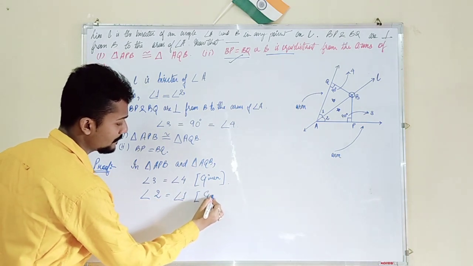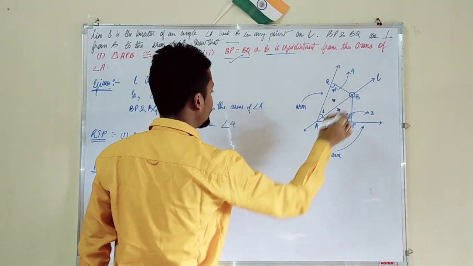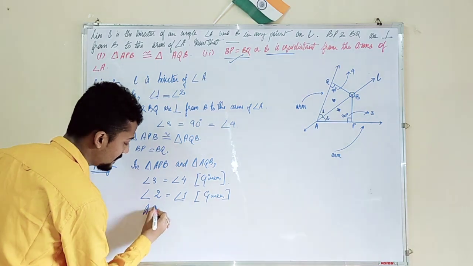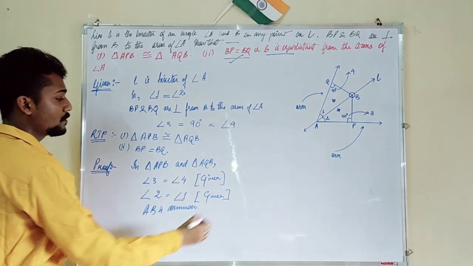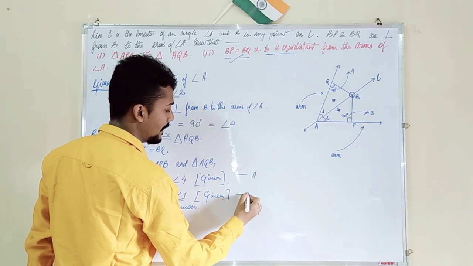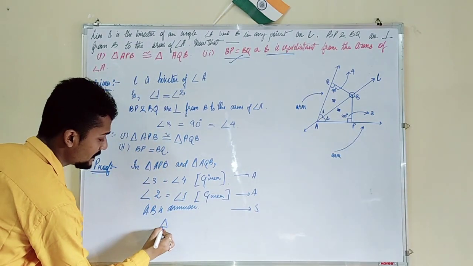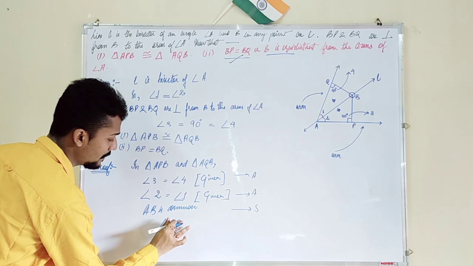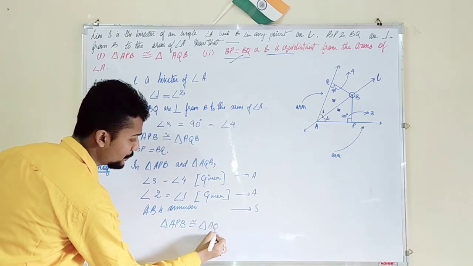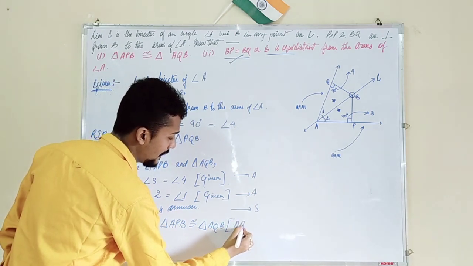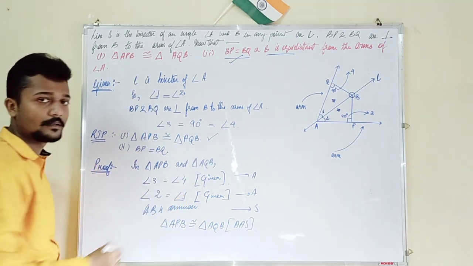That is also given. Next, AB is common for both the triangles. So by angle-angle-side, both the triangles are congruent. That means triangle APB is congruent to triangle AQB by AAS. First part I have proved.